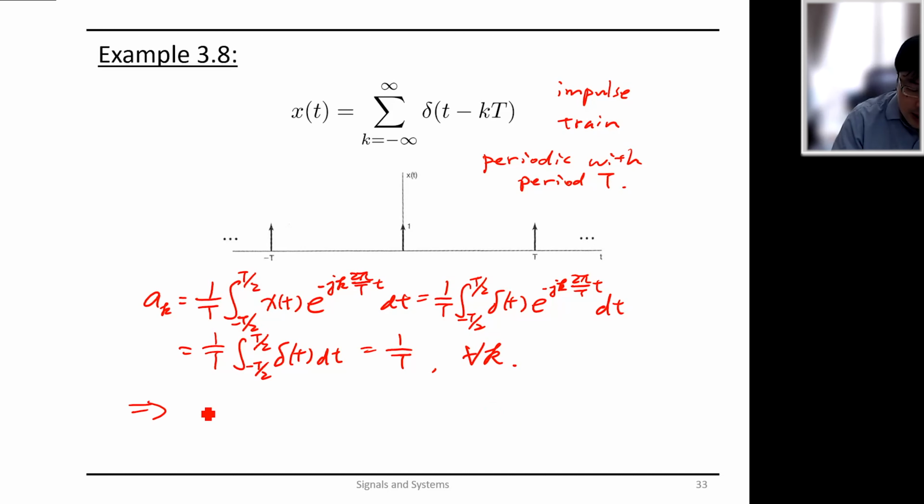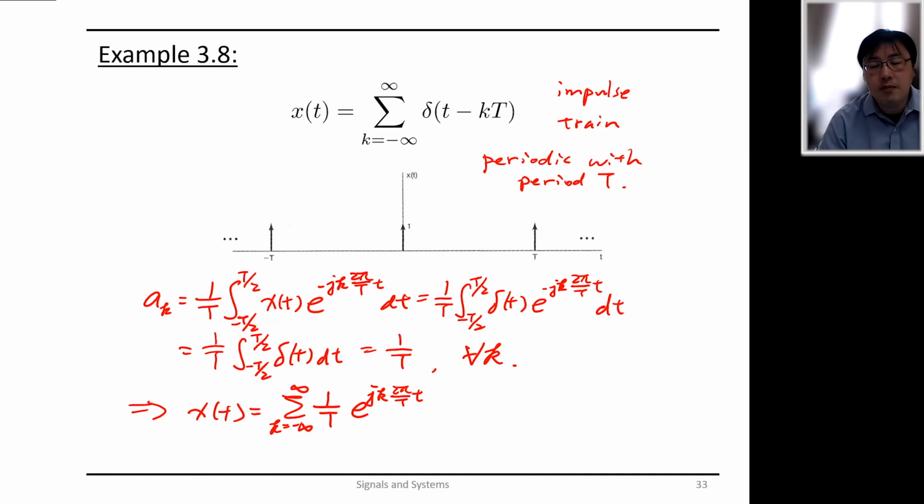So this is saying that I can express x of t as 1 over T, e to the j k 2 pi over capital T t, for k from minus infinity to infinity.